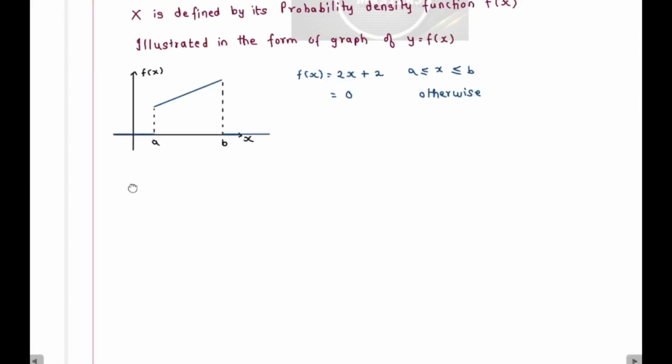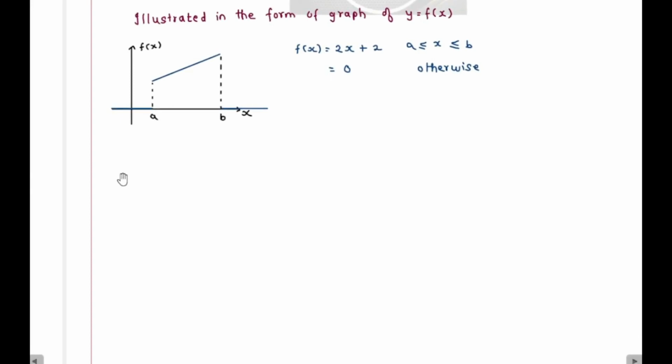Now if I ask you what is the probability that x lies in a specific interval, let me take the same graph.